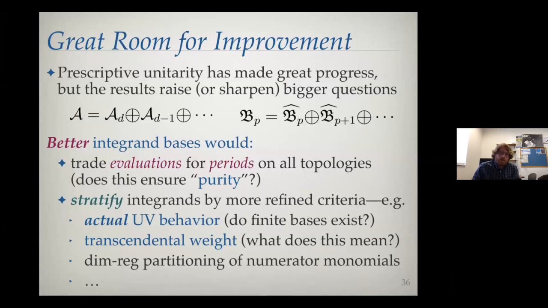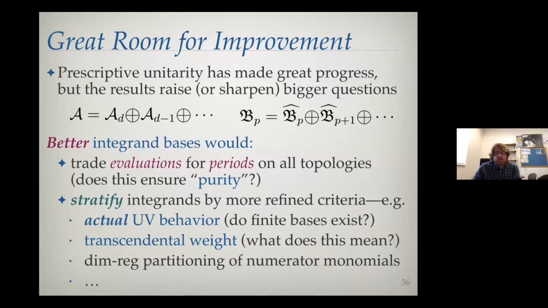And even colloquially, it would be really nice to organize an integrand basis according to transcendental weight, which is some proxy for saying box power counting, say. You would like to say the leading weight part, the maximally transcendental part of a basis, should have n equals 4 in it. How do I define that subspace of integrands?